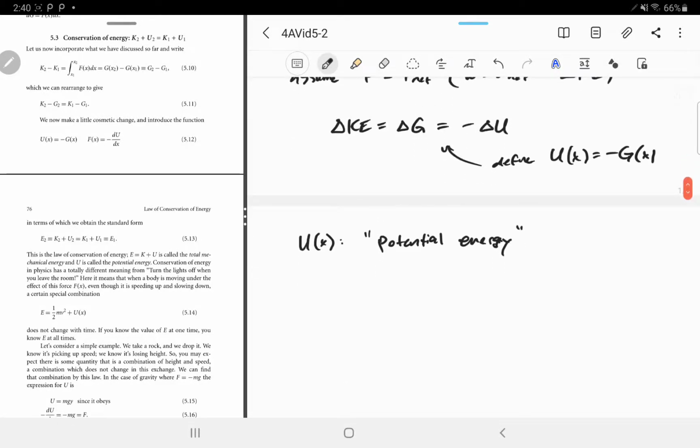Just playing around with this equation a tiny bit more. We have delta KE is minus delta U. If we add delta U to both sides, and I'm going to switch colors because this part's pretty important, we have delta KE plus delta U is equal to 0.